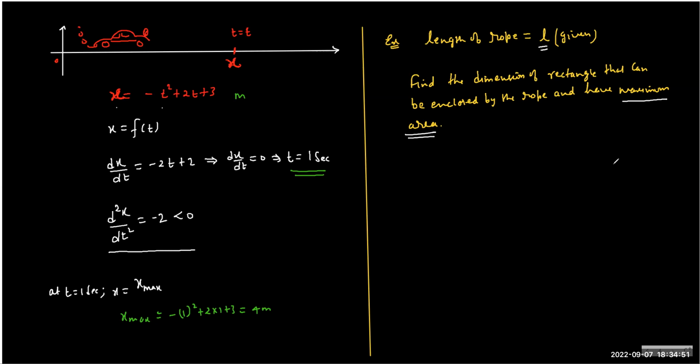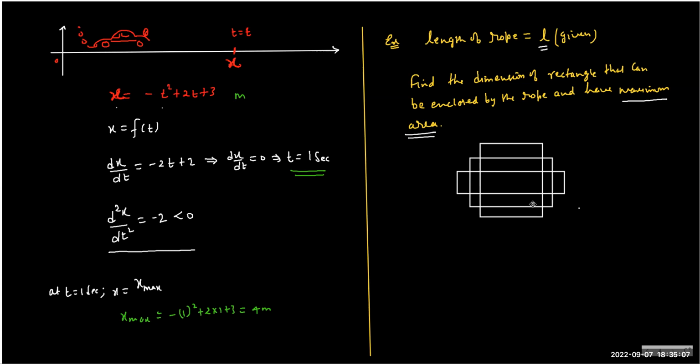You can use the length to wrap around a rectangle. Okay. So with L length, we can draw a rectangle like this, like this. Keeping the same length, we can draw multiple types of rectangles. So we have to choose.